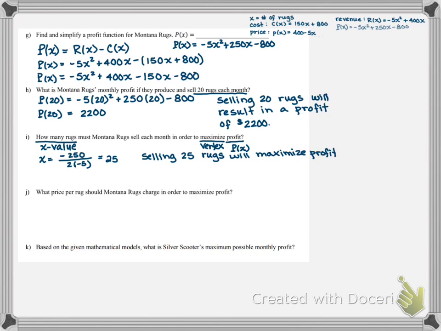What about J? What function should I use for J? P of X, the price function at the top. Right, so lowercase p of x. I want the price, so I'm going to use my price function. So find P of what? 25, because I still am maximizing profit, and the only X value that maximizes profit is 25.